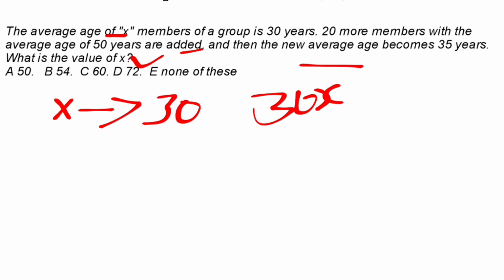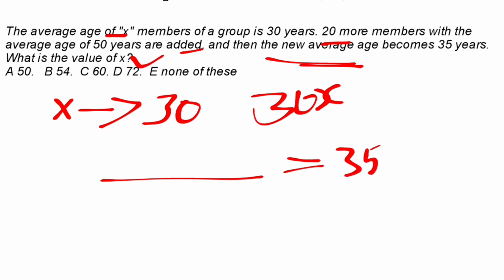Then 20 more members with the average age of 50 years are added. Then the new average becomes 35 years. The members are X plus the extra 20 members added. The 20 members' total value is 20 into 50.